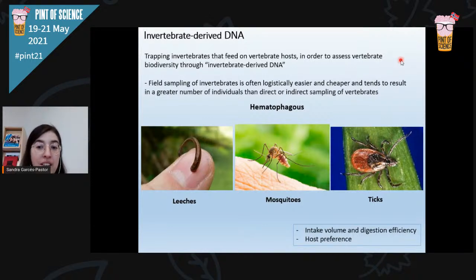But this gives us a chance to go to that region and take all these animals, extract the DNA, and we can see all the vertebrates that also live in the terrain. It's like an indirect way also to have this idea of the biodiversity that is in that place.